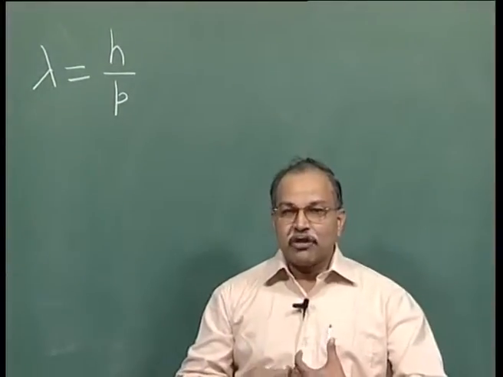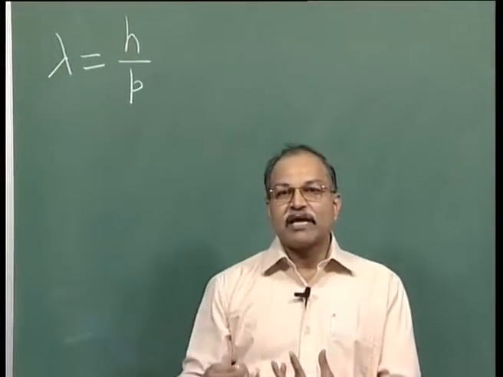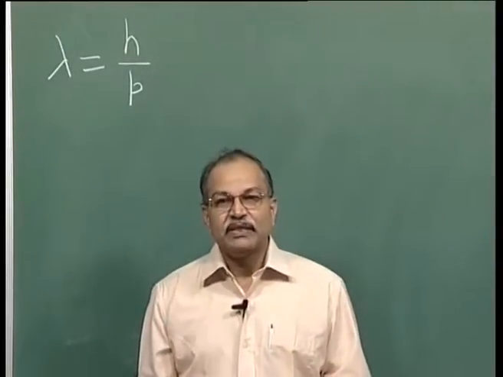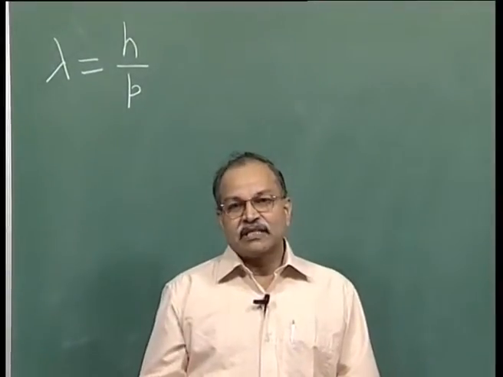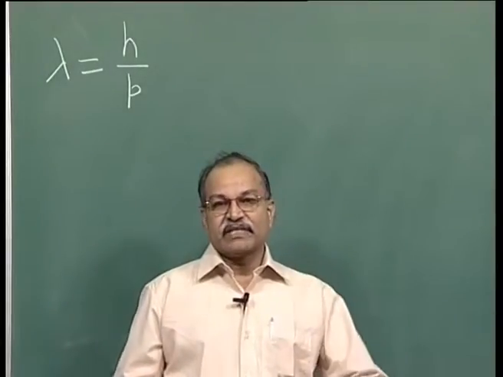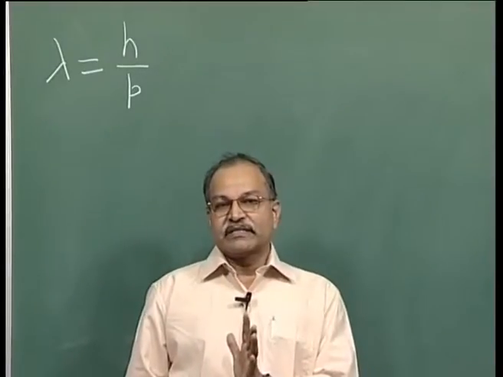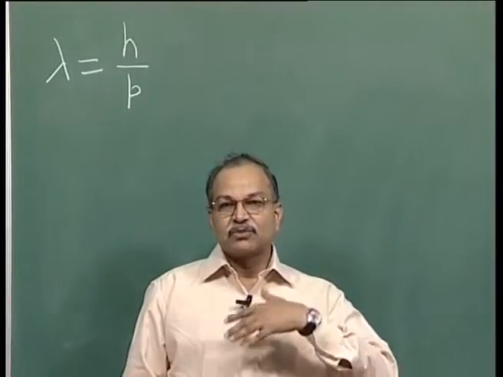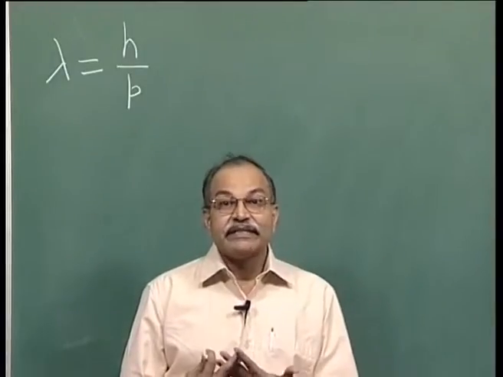So, if you have an electron with large momentum, you will expect that the corresponding wavelength will be low, and electrons with large momentum means electron with large kinetic energy, and that is experimentally possible with accelerators available. Electrons can be accelerated to large energies, and then they will have large momentum, and then they will have a small wavelengths. So, what kind of energies are needed?